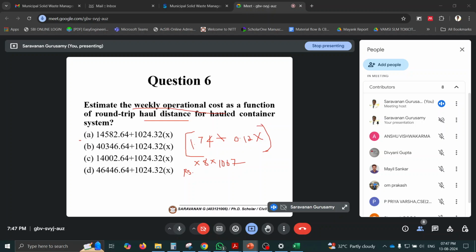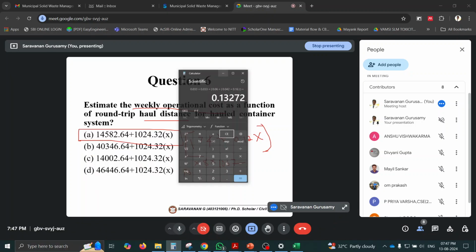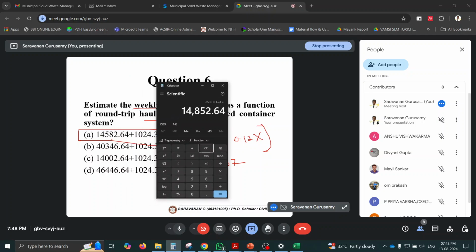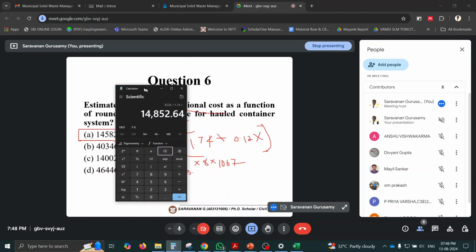So I hope you get this answer. Are you getting it? If you multiply 8 into 1067 into 1.74, first we get 852. Sorry, the 852.64 was a typing error.